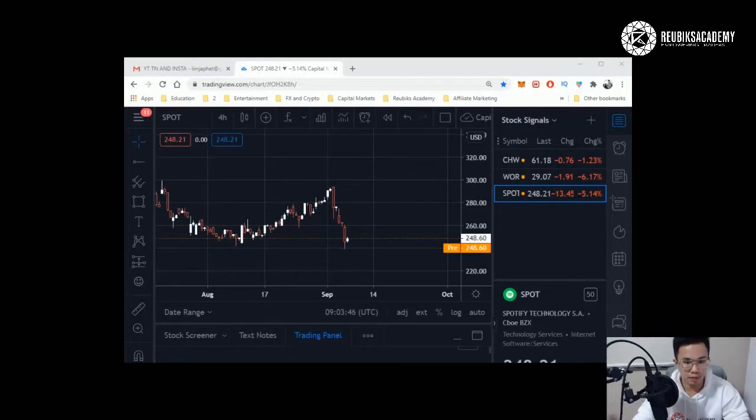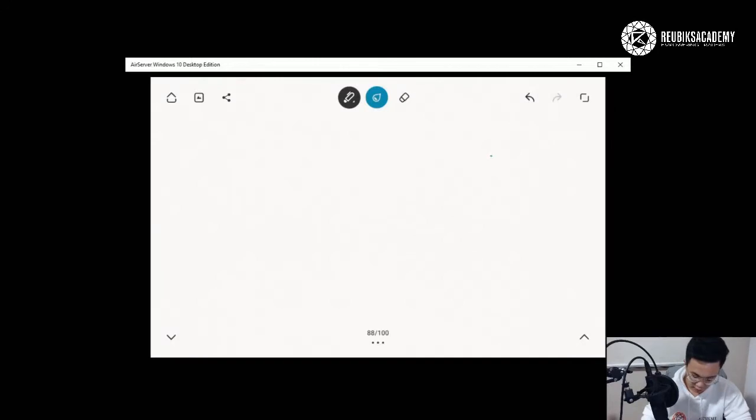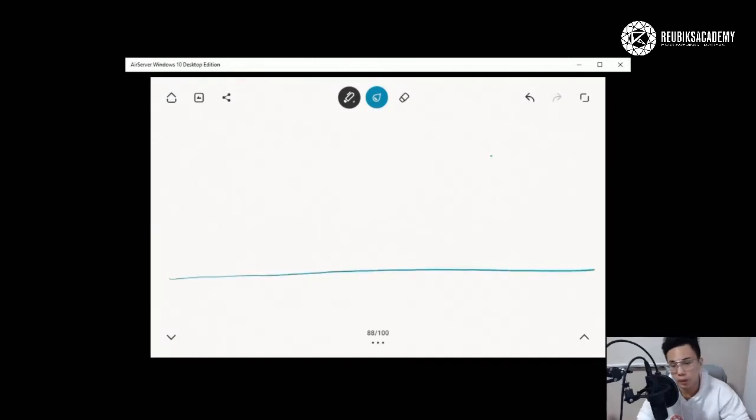To put it in a very simple and straightforward manner, when we talk about support, we're just talking about the floor of a certain asset, the floor in the context of pricing. Or if it makes it easier for you to understand, just imagine that this is the floor of a house.